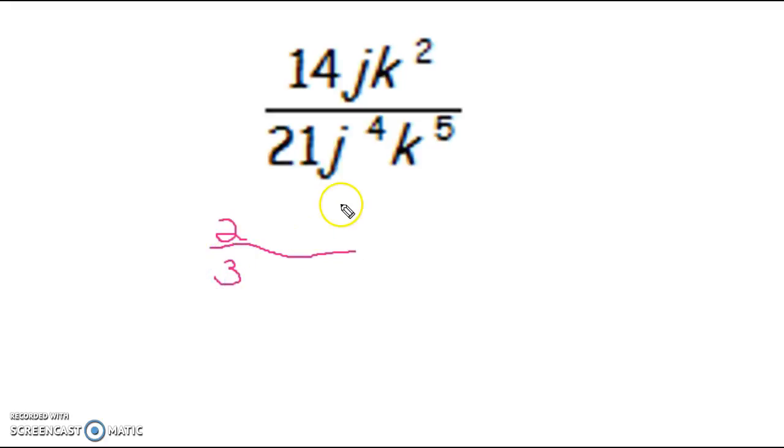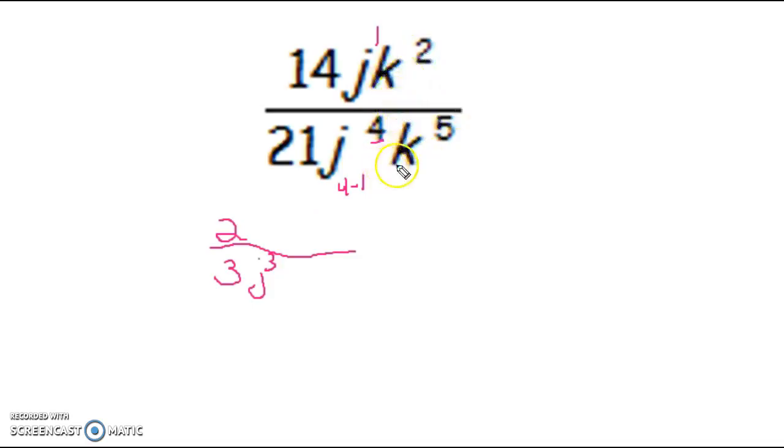My poor little line got a little crooked. Then I have j, and since I don't see an exponent, I know that there's still a 1 there. So j to the first divided by j to the fourth. The bigger number's on bottom, so I'm going to do 4 minus 1. And that would be 3. So I'm left with j to the third.